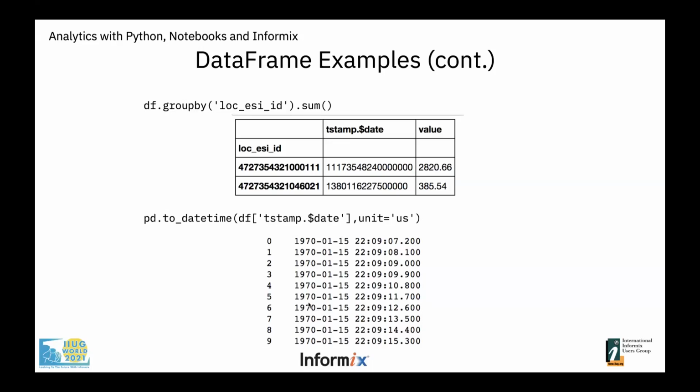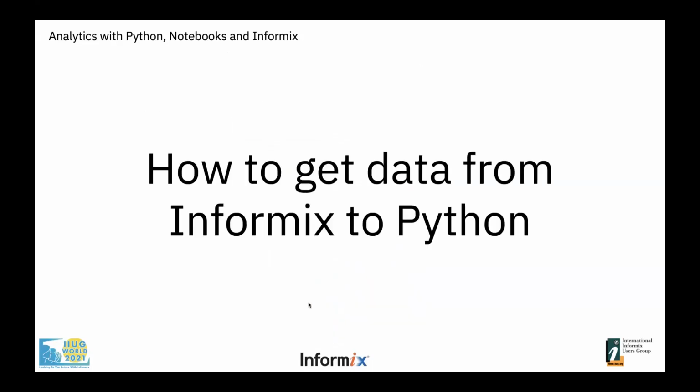You can say df, then in brackets any column, and you just get the projection for that column, and we want to convert that into a readable datetime format, and something like that is also possible with data frames. Okay, that's the basic data structure which we have to use when doing analytics with Informix while using Python.